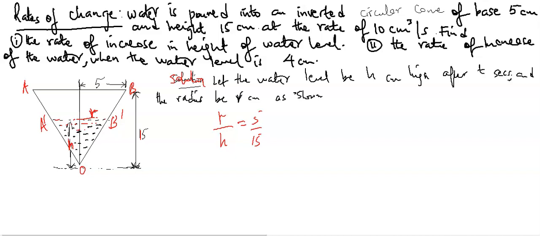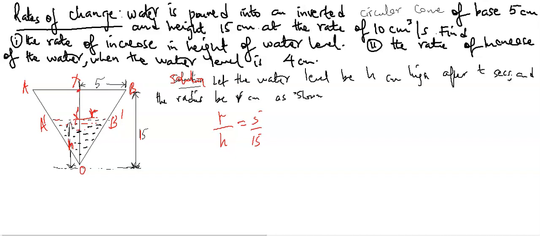Because when we talk of similarity, the ratio, suppose we have this point here as X and this one X'.